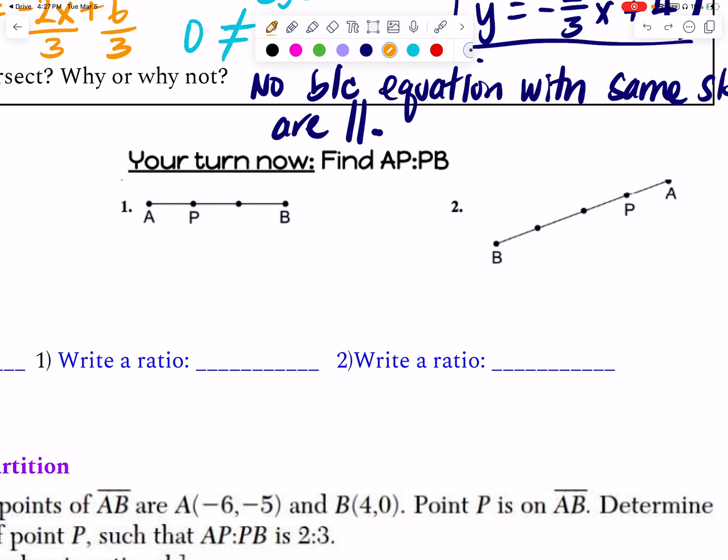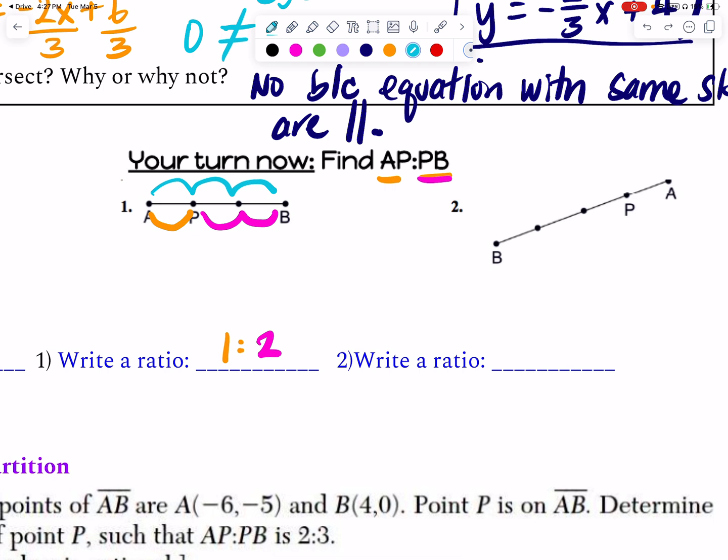Alrighty, so I like doing the hops. The ratio of AP is 1 to PB. PB, there's 1, 2. So the ratio is 1 to 2. The total number of parts is 1, 2, 3. So check it. If you add 1 plus 2, it equals 3 total parts.